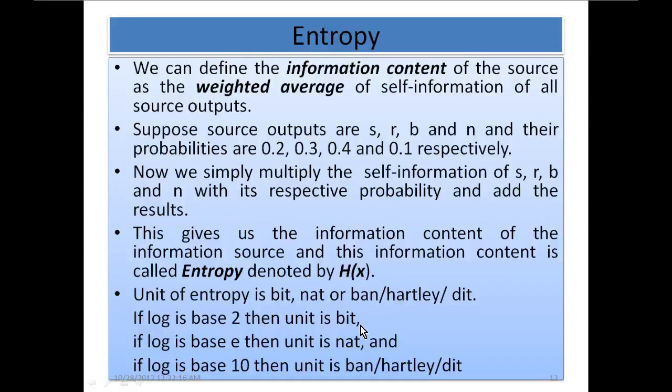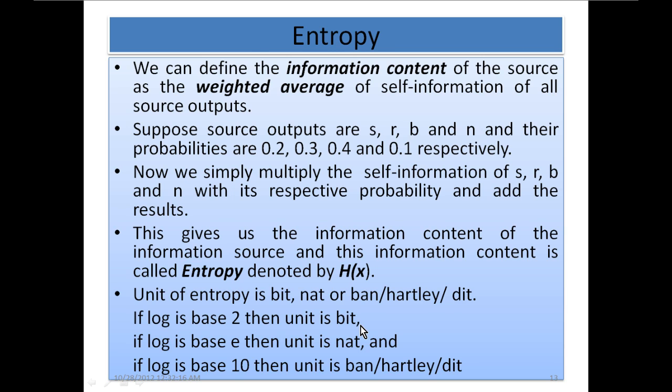Now we simply multiply the self-information of S, R, B and N with its respective probability and add the results. This gives us the information content of the information source, and this information content is called entropy, denoted by H of X.